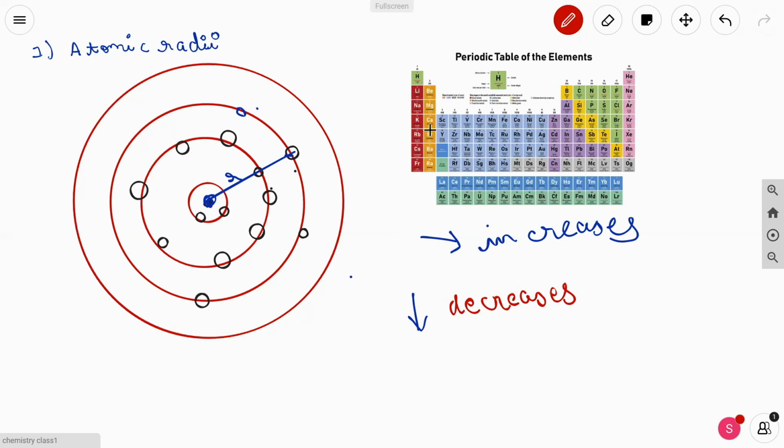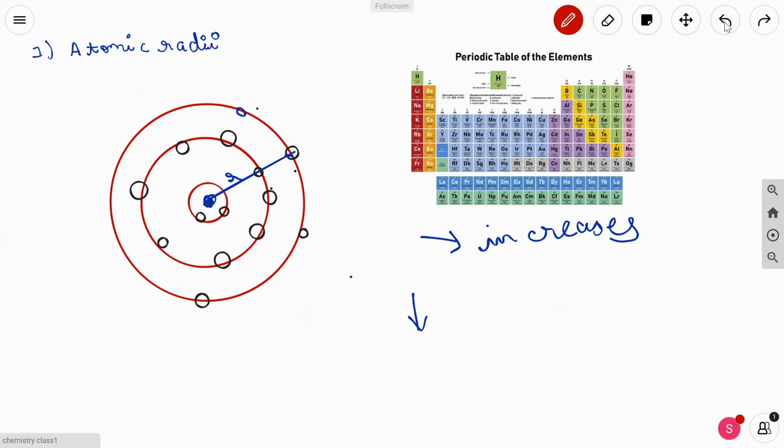Sorry, I made a mistake here. Across a period, it decreases, and down a group, it increases.